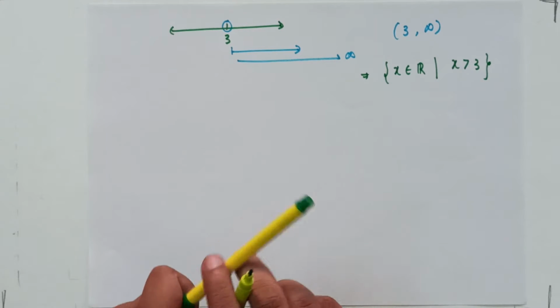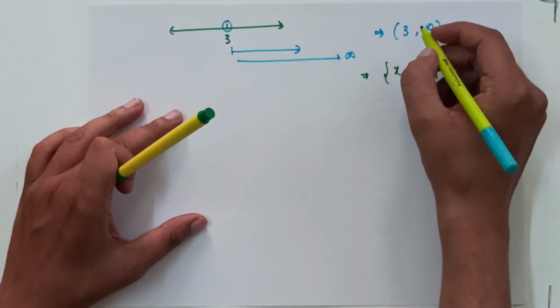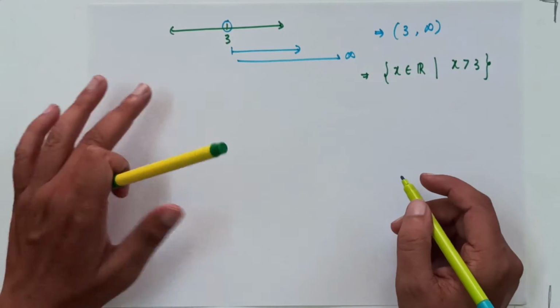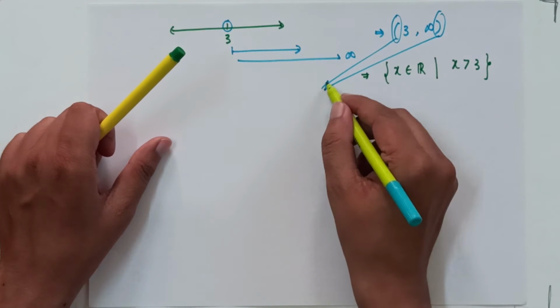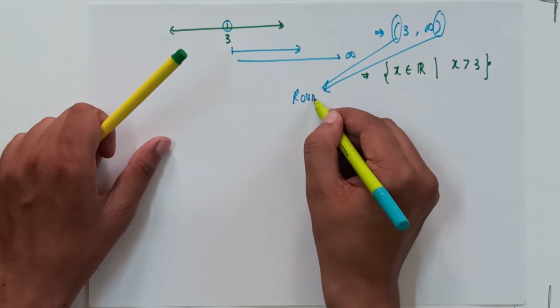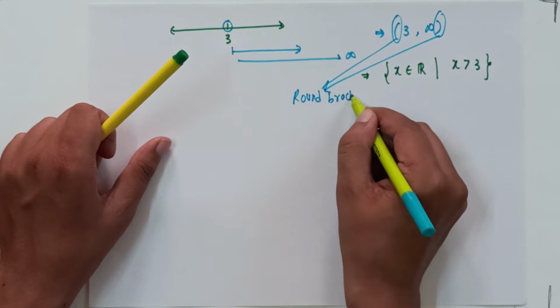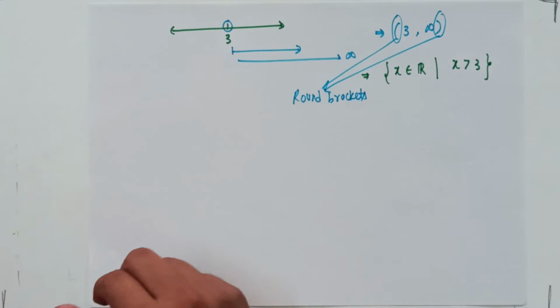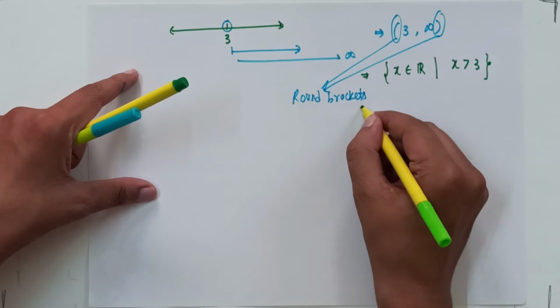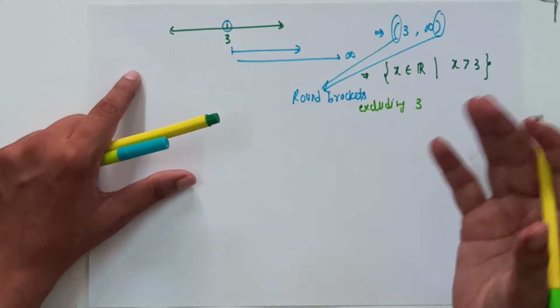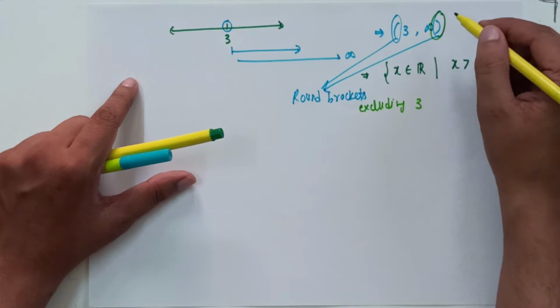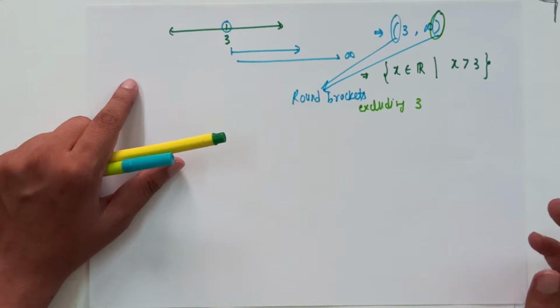And in interval notation, it will become round bracket 3, infinity. These brackets are called round brackets, and it is excluding 3. We also exclude infinity because infinity is not a number.